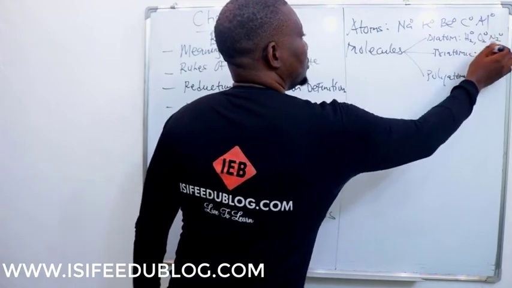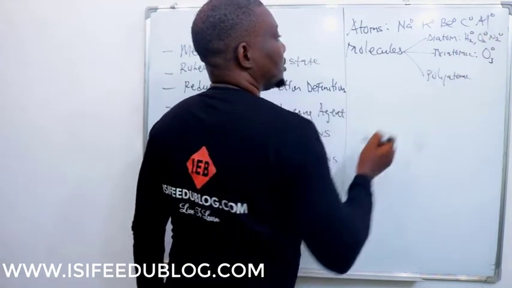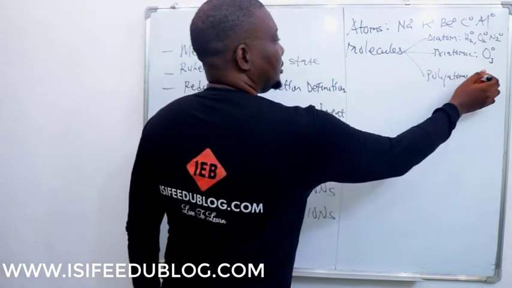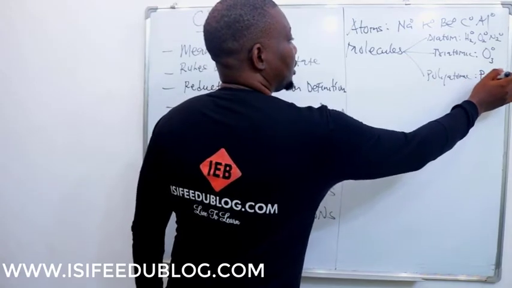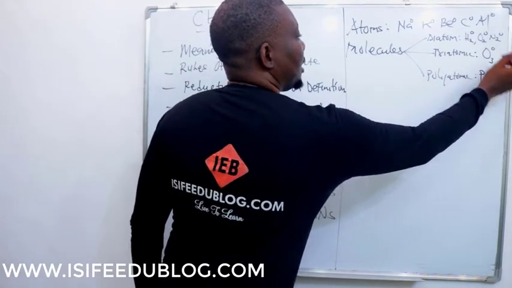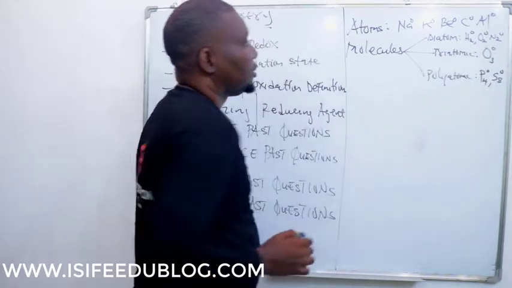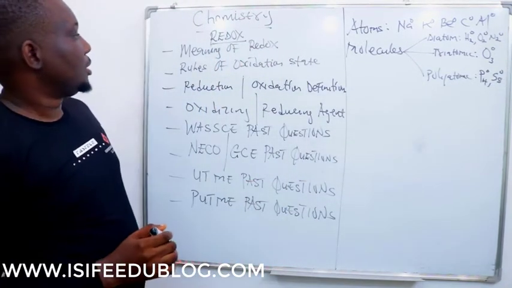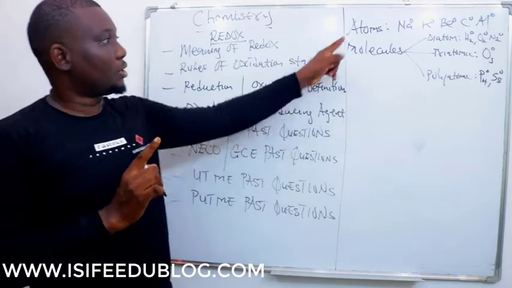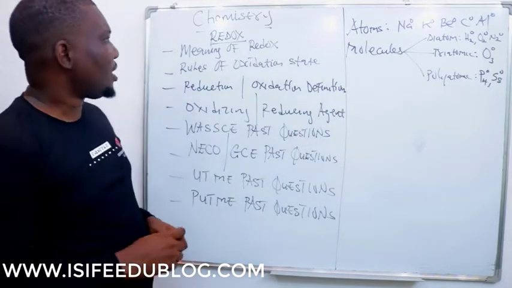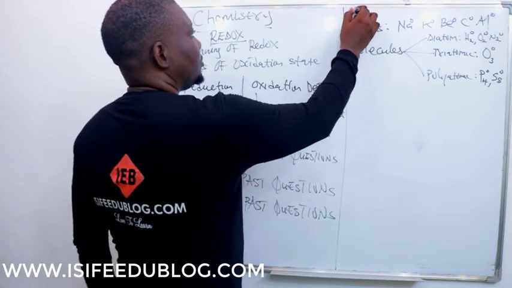Same thing goes for ozone, a triatomic molecule, which is also equal to 0. And then some polyatomic molecules like phosphorus and sulfur are also equal to 0. That is the rule of oxidation for a neutral atom or molecule. That's rule number 1.